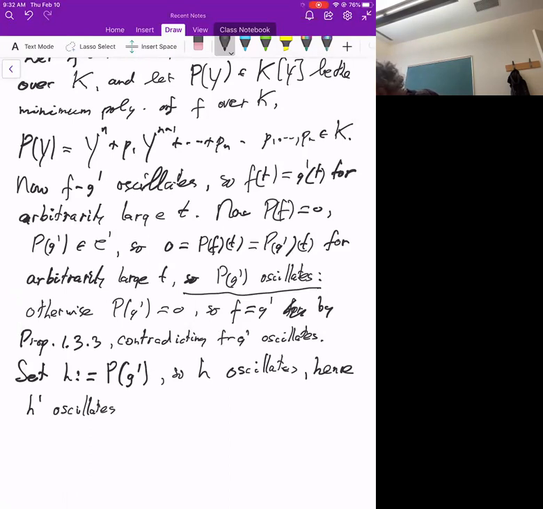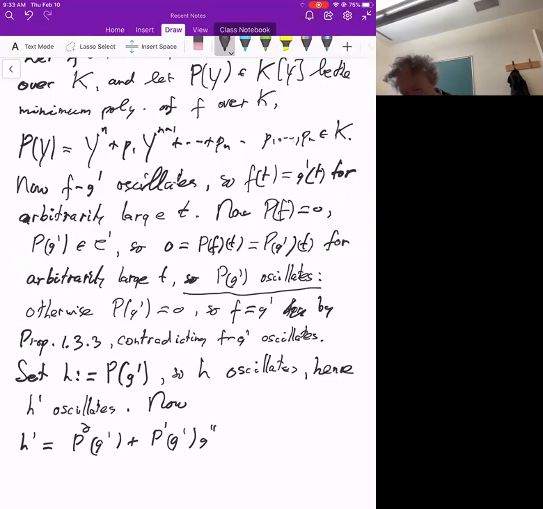H prime, right? Hence, H prime oscillates by an earlier remark. Now, what is H prime? By the usual arguments, H prime is P delta G prime plus P prime G prime G double, right?